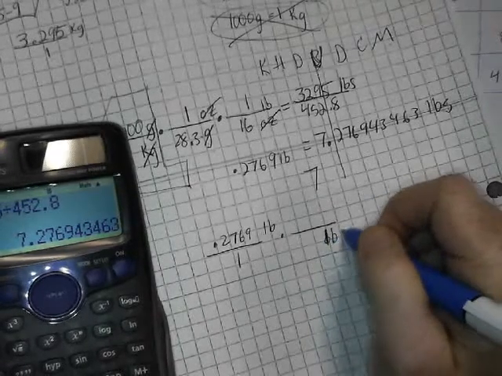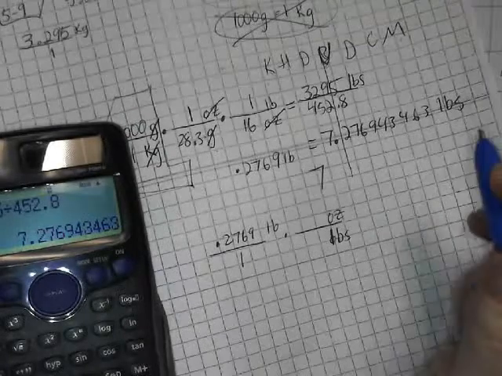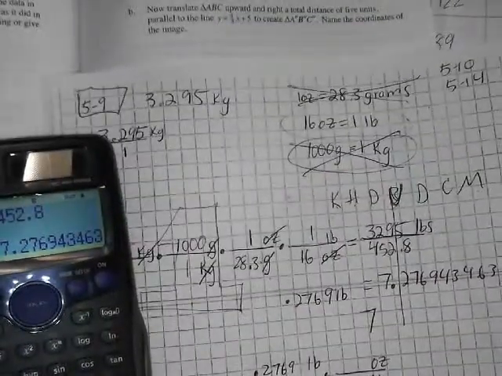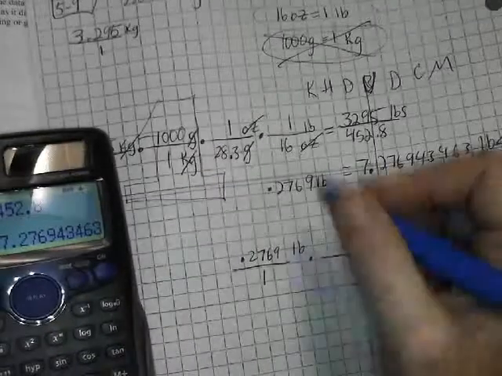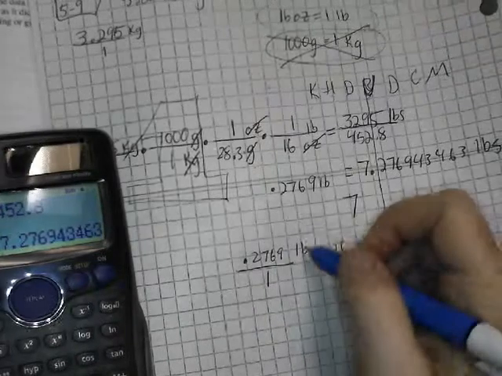So if I get it into ounces, how many ounces are in a pound again? 16? 16 ounces are in a pound. So I think I can just go like this.